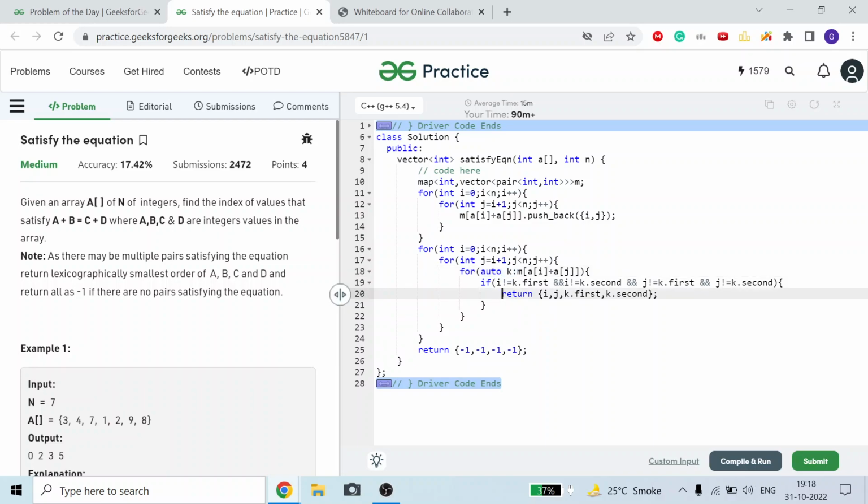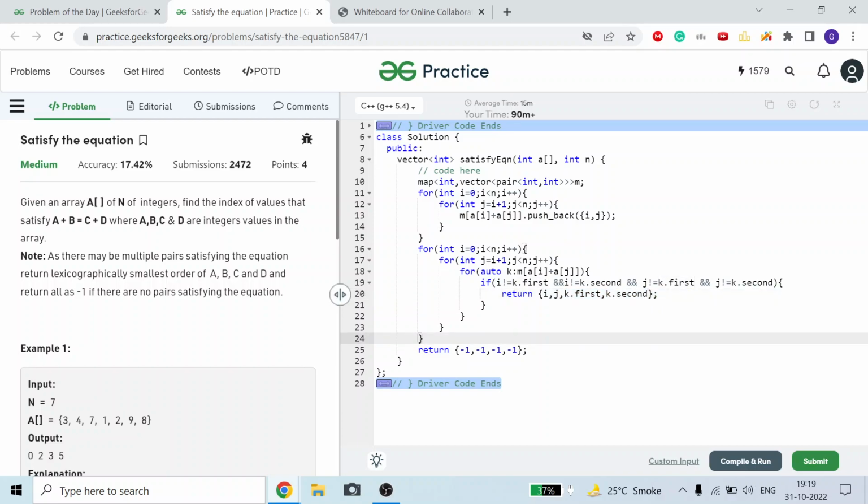So I can return i comma j, since i is the minimum because I am starting from 0, then k dot first and k dot second. As I am storing them in lexicographically smaller order as well, I will just return i, j, k dot first, k dot second. k dot first is my first index, k dot second is my second index.